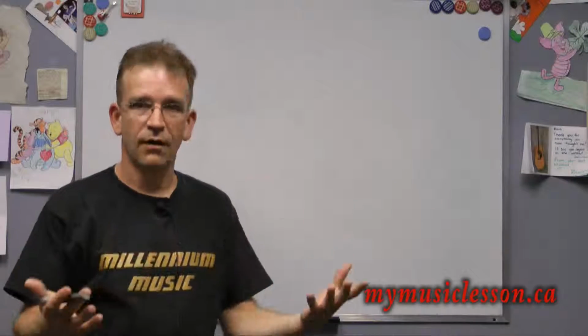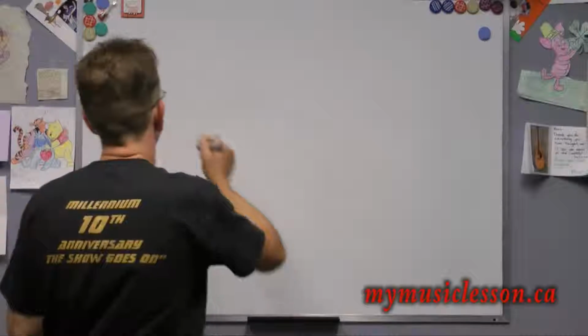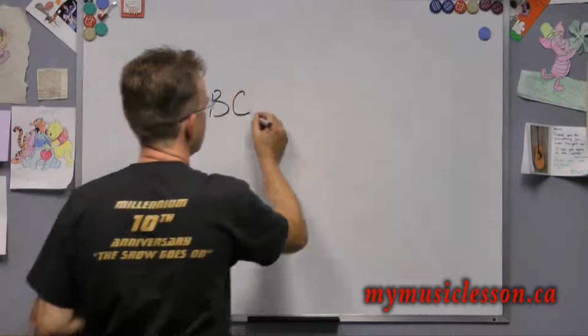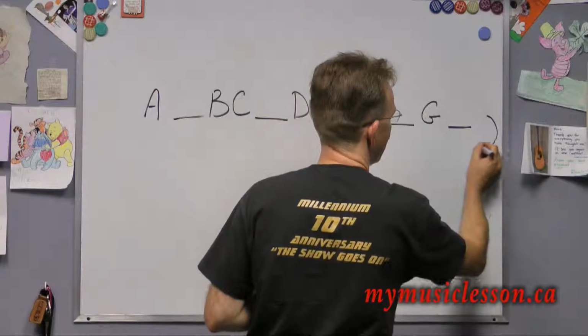Now just to follow up a little bit on the chromatic tuner idea and the chromatic concept overall, I'm going to show you what I refer to as the complete musical alphabet. Earlier on in the discussion, I mentioned the musical alphabet, and then we cycle back.